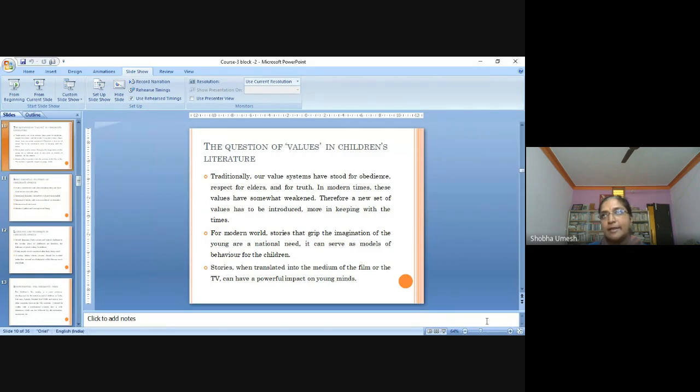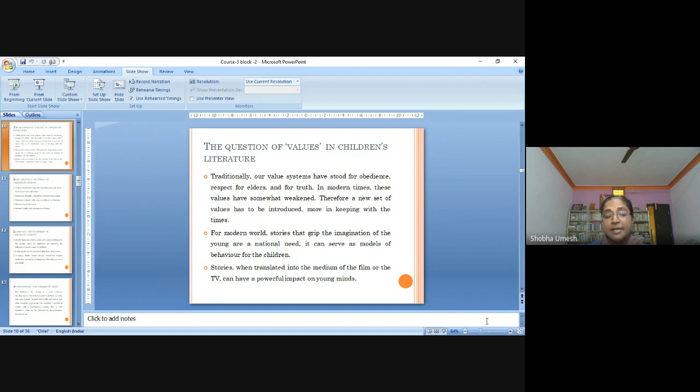Nowadays, we can see that the youngsters have lost values like respecting elders or telling the truth, because they are becoming more modernistic and neglecting their culture, their tradition, and their religion.